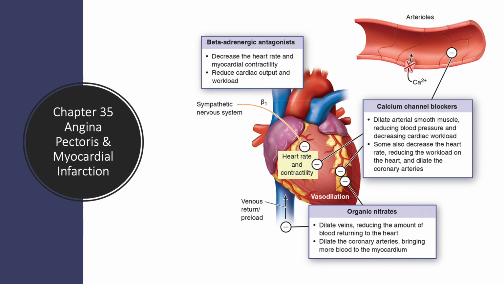Okay, so we're going to talk about different drugs that we use for angina and for myocardial infarction. And let's just look at the groups here a bit in this slide. What we want to do with these drugs with angina is to reduce the workload of the heart so that the coronary arteries that have a fixed occlusion, say it's 50% or 60% occluded, the heart's never going to beat that fast or contract that hard with certain drugs.